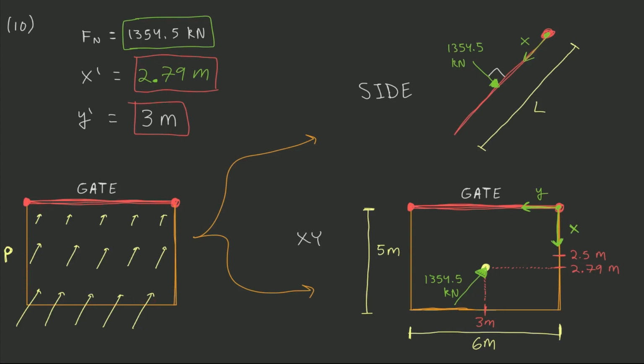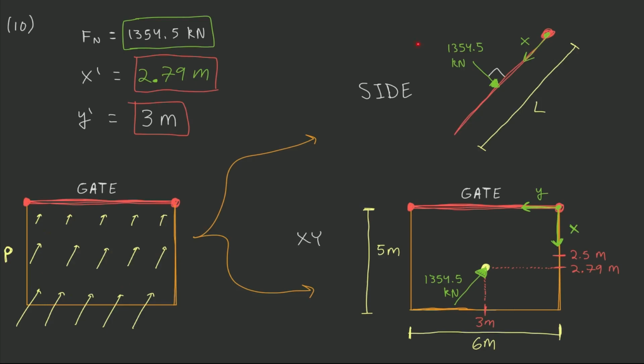So keeping our view in xy as we have here, we could say this pressure distribution is equivalent in both force and moments to this system right here: a net force of 1354.5 kilonewtons applied at 2.79 meters along x and 3 meters along y. So applying a singular net force at this point is equivalent in both net force and net moment to this pressure distribution.